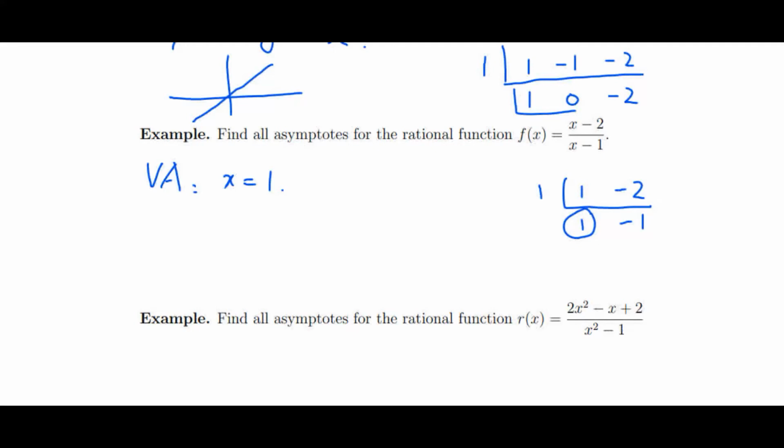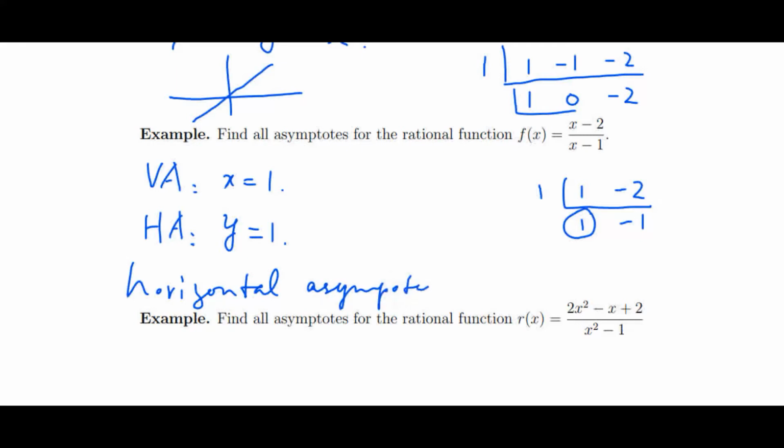So the quotient part is y equals 1. We call this a horizontal asymptote, HA. So why do we call this a horizontal asymptote? Because y equals 1, this line is a horizontal line, right? So here's the y-axis, and y equals 1 is this line, right?